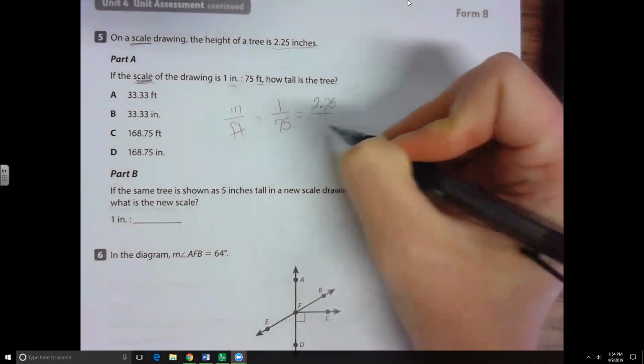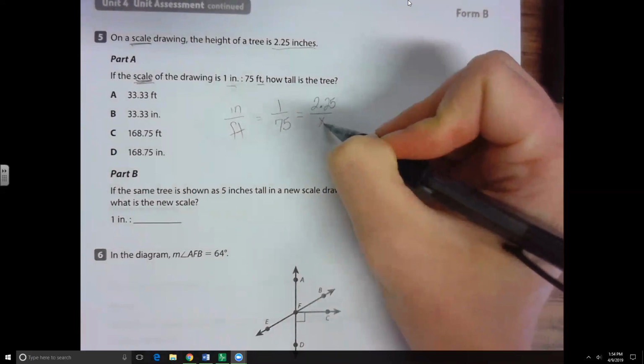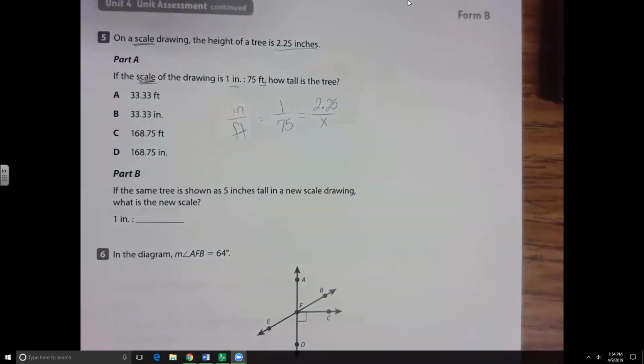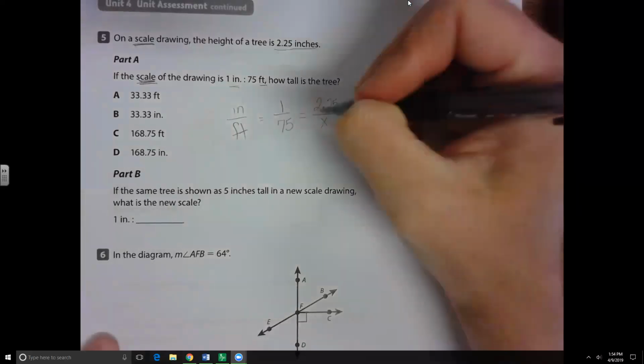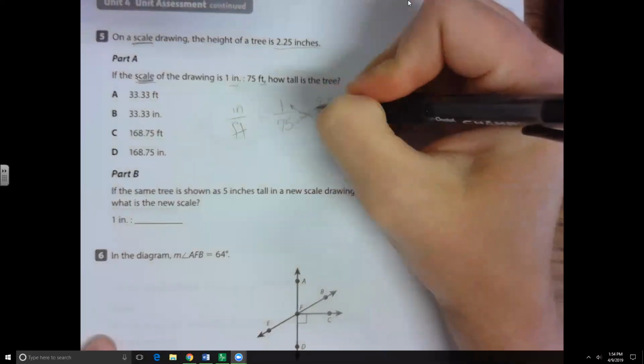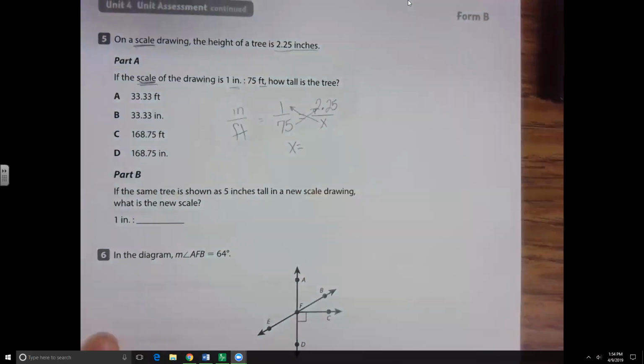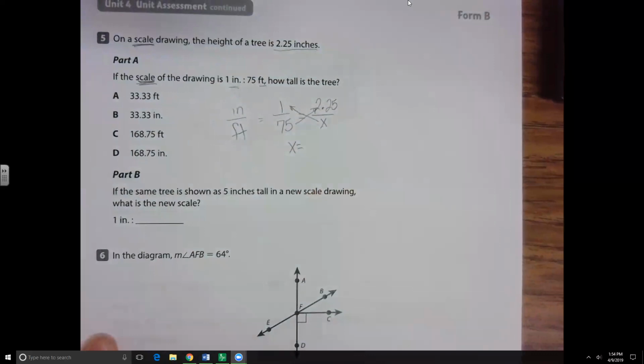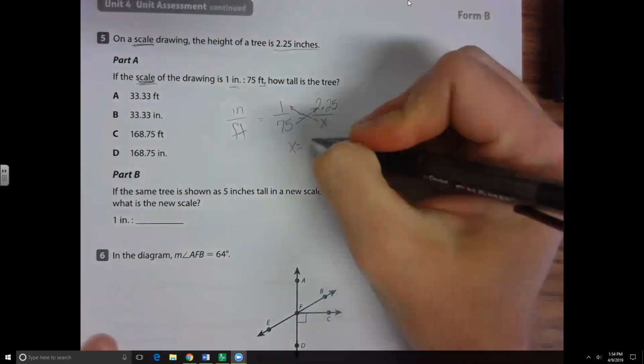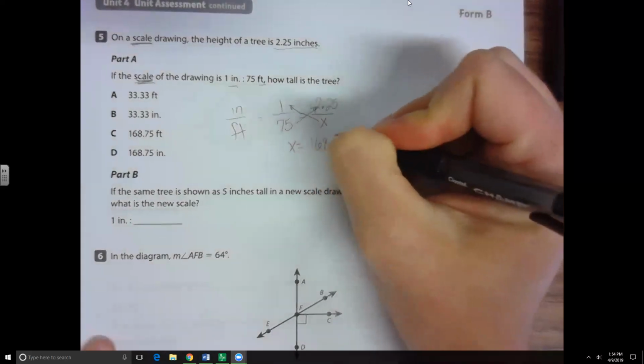So I place it here on top. I'm looking for the amount of feet. I don't know that, so I get a variable. Then I'm going to cross multiply to solve this proportion. 1 times x is x. And then when I multiply 75 times 2 and 25/100, I'm left with 168 and 75/100.